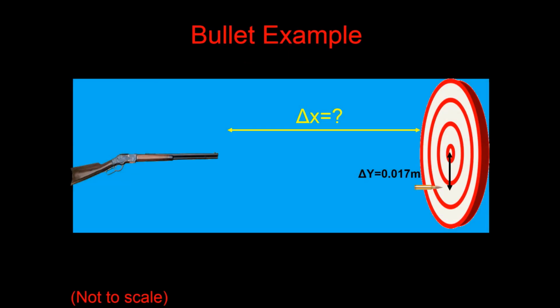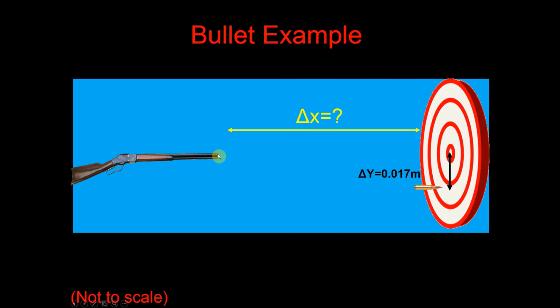So let's just go back 1 second here and think about what has to happen in this physical situation and what could be the same in both of our equations in the x and y axes. Now we have a gravitational acceleration that we just talked about in the y-axis that's not present in the x. We'll have a velocity in the x that isn't present in the y direction, as all the velocity is in the x direction at the beginning of our problem. The only common thing between the equation that we'll set up in the x and the equation we will set up in the y is time.